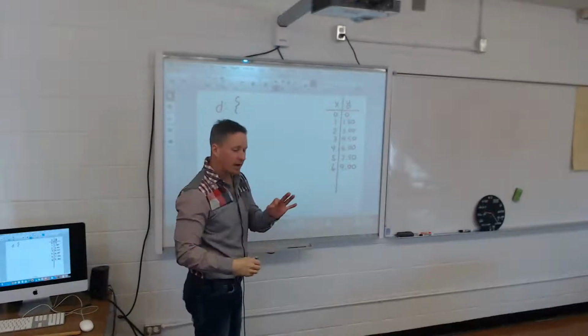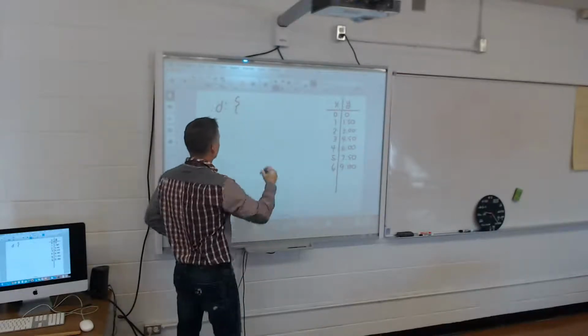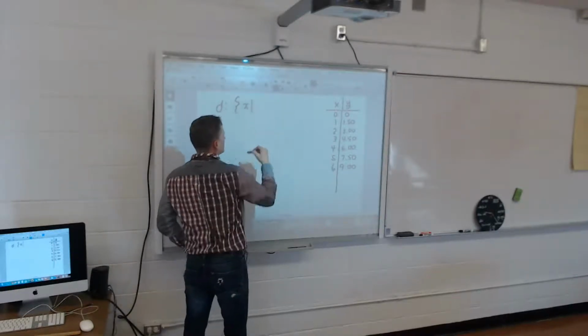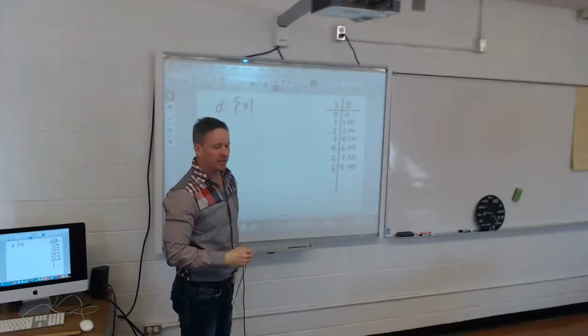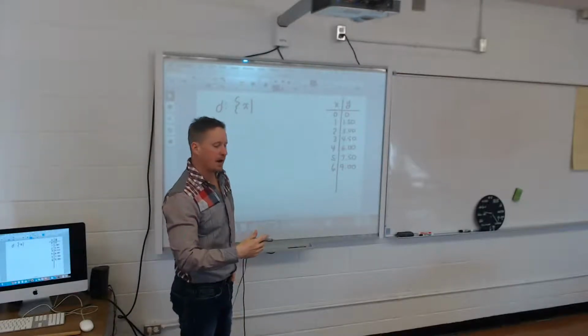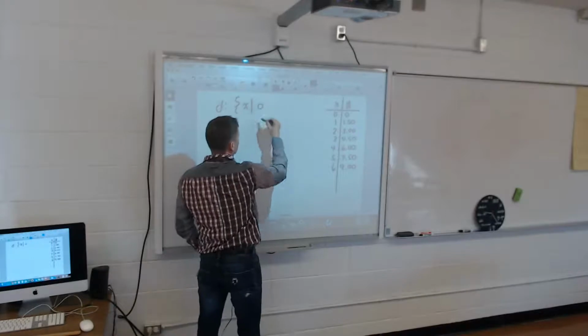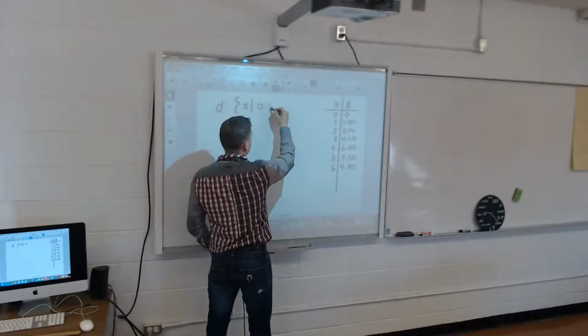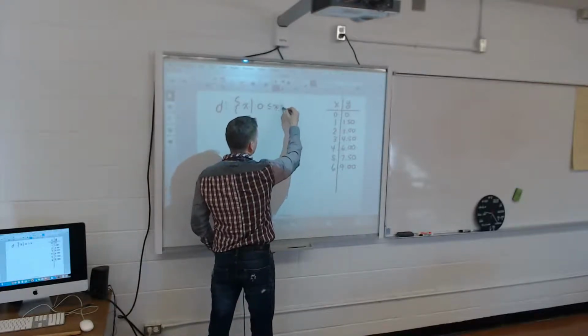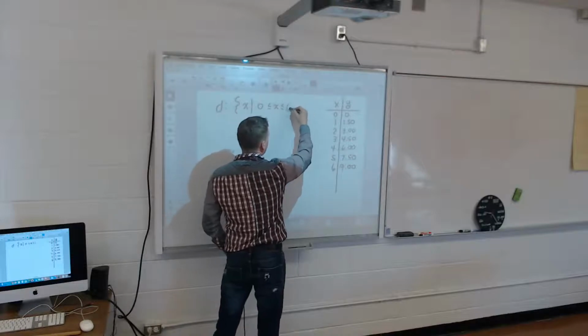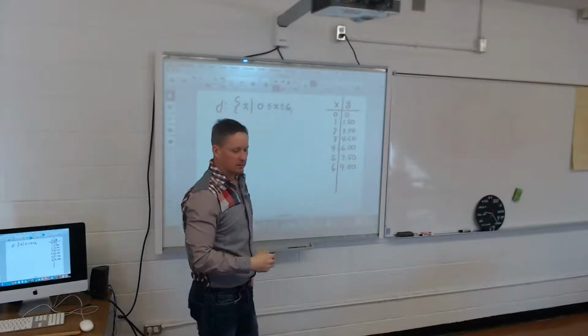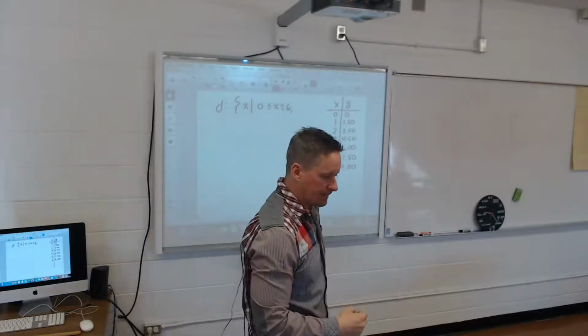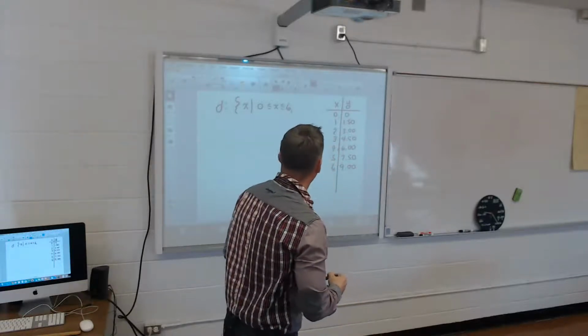I'm going to show you 3 ways to write this. The first way is x such that 0 is less than or equal to x is less than or equal to 6 bars total. Would you agree? Yep. Okay.